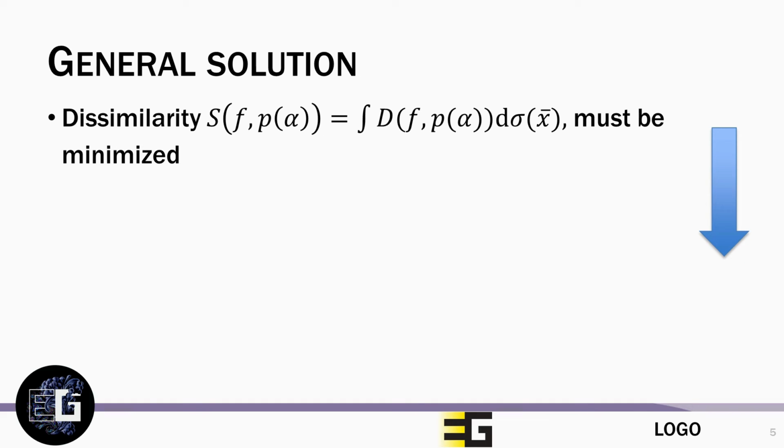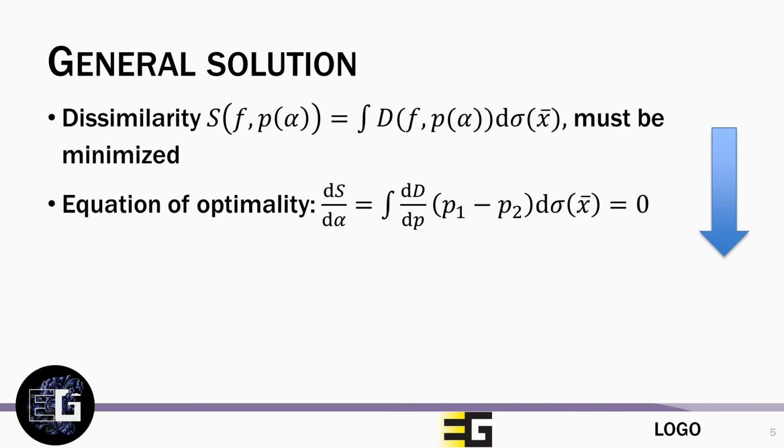Here, d can compare their local values, and the integral is responsible for taking into account the whole domain. The control parameter alpha is included in the mixture density. Minimal integration error corresponds to the minimal dissimilarity. Thus, the derivative of the dissimilarity with respect to alpha must be made equal to 0.